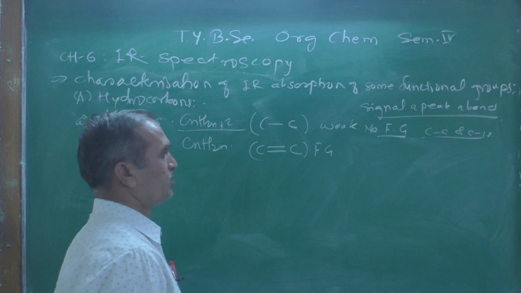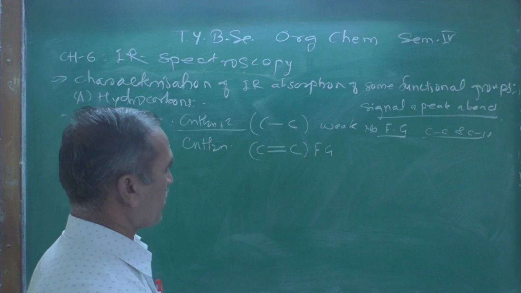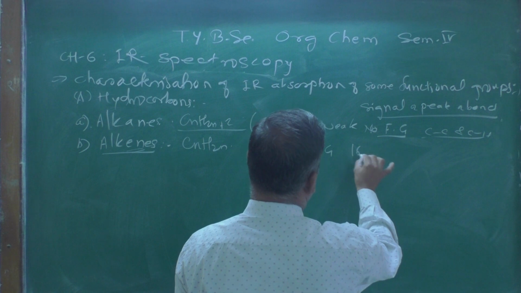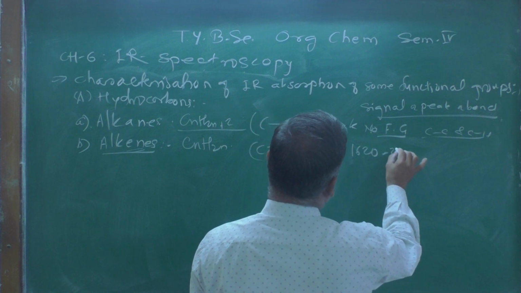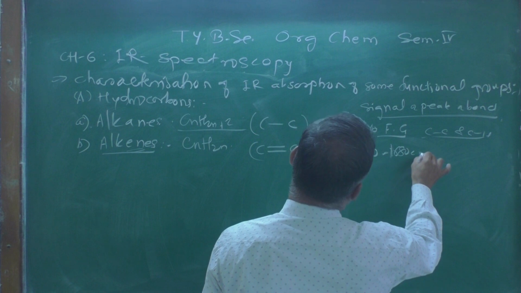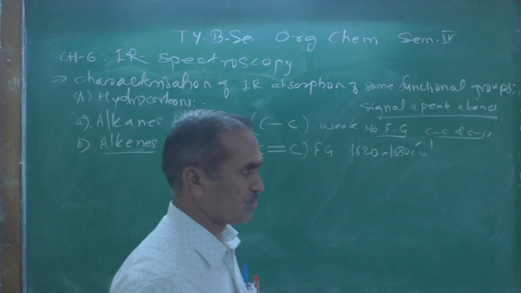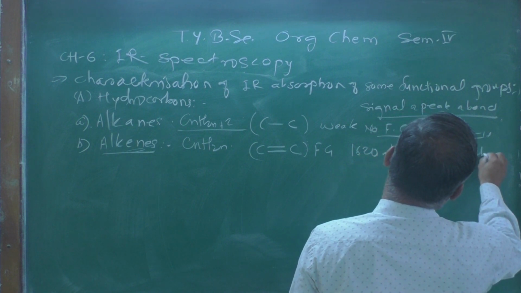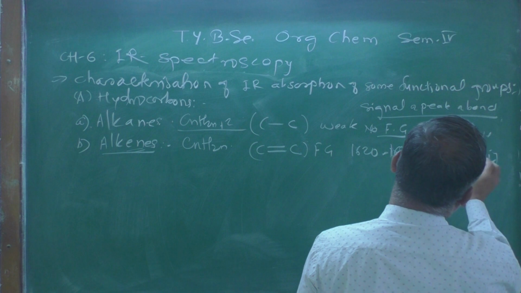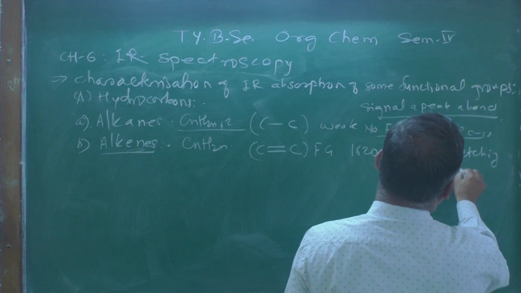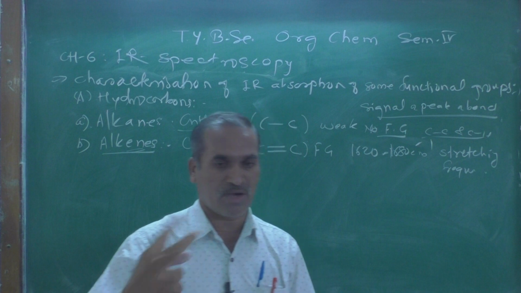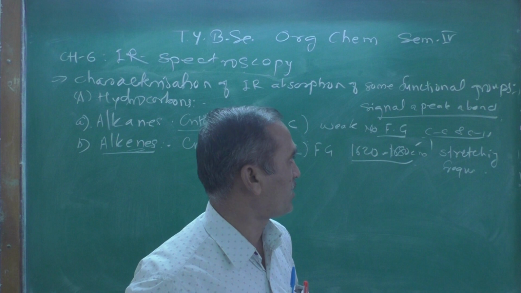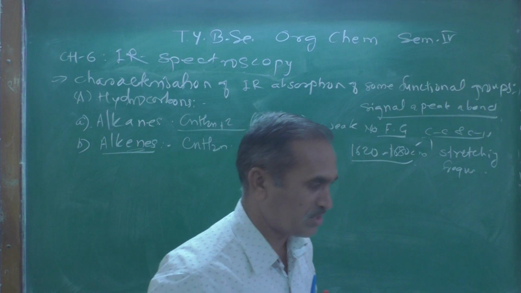But here, if carbon-carbon double bonds are there, the peaks generally appear around 1618 per centimeter. This is due to the stretching frequency. The stretching vibration is observed at 1620 to 1680 per centimeter.